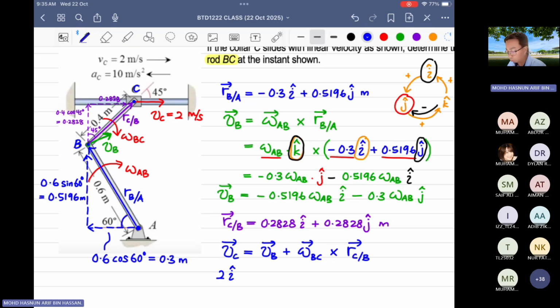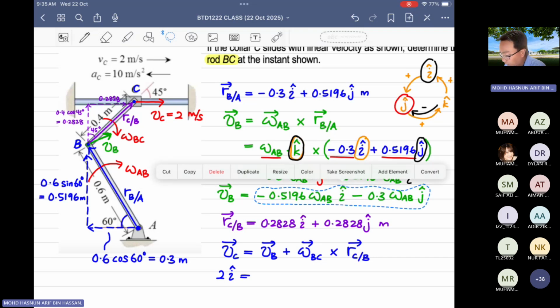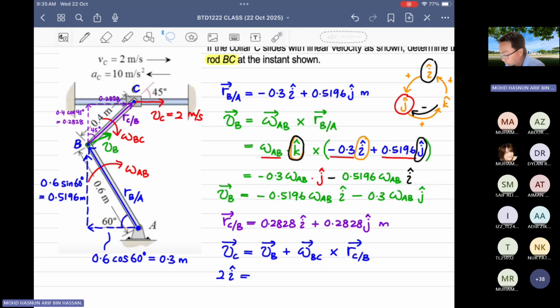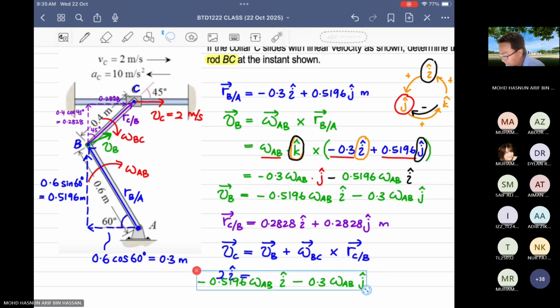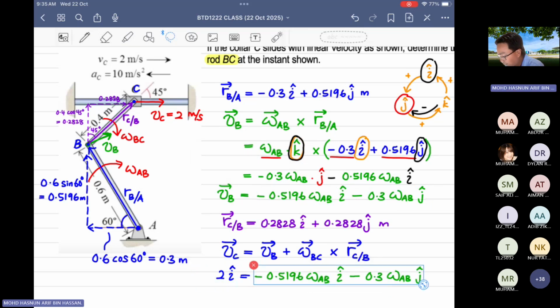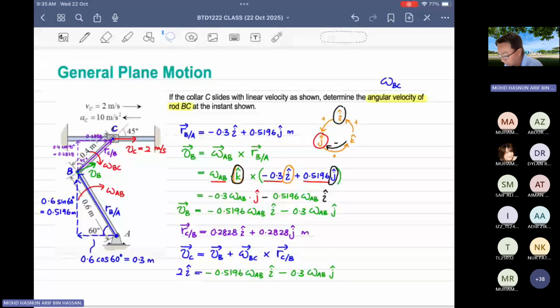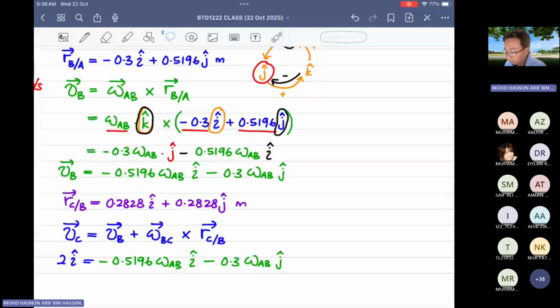So V C equals 2i equals V B. We will take the value that we have calculated before, which is 0.5196 omega AB i minus 0.3 omega AB j. So this is basically V B. Let's put this in brackets.